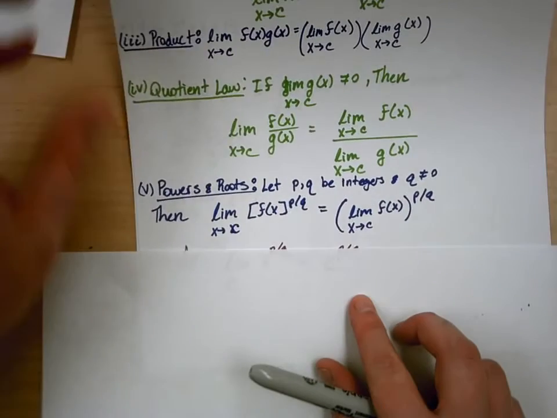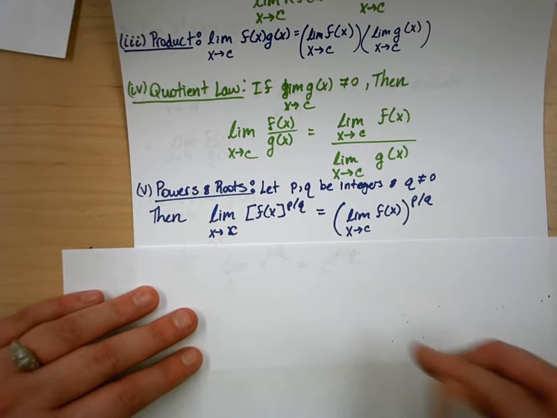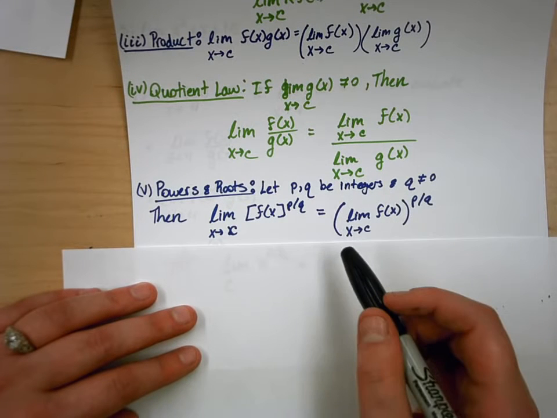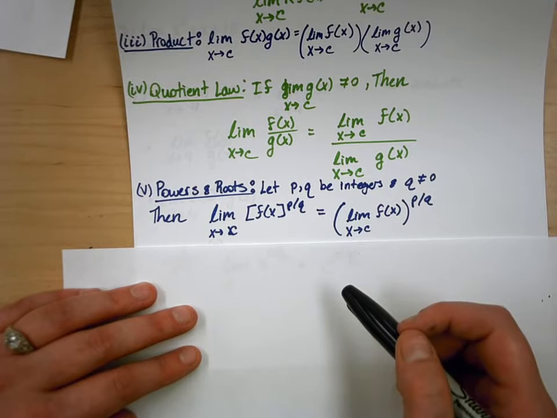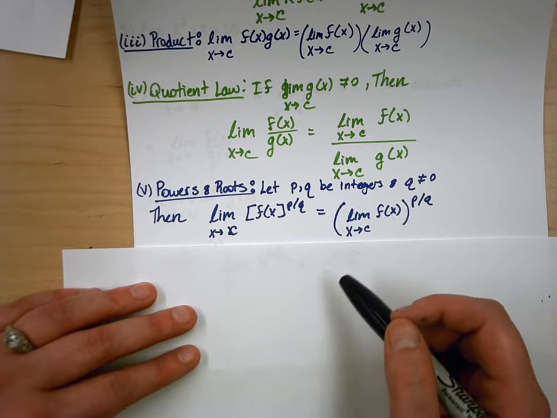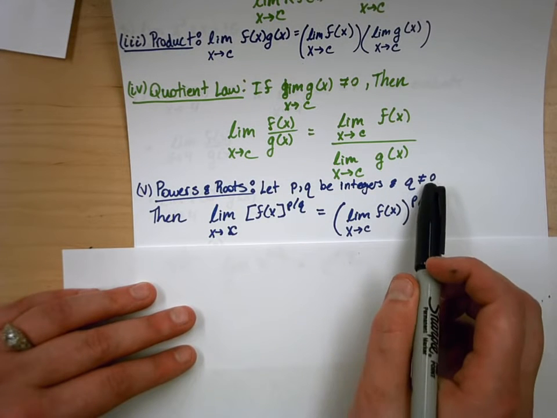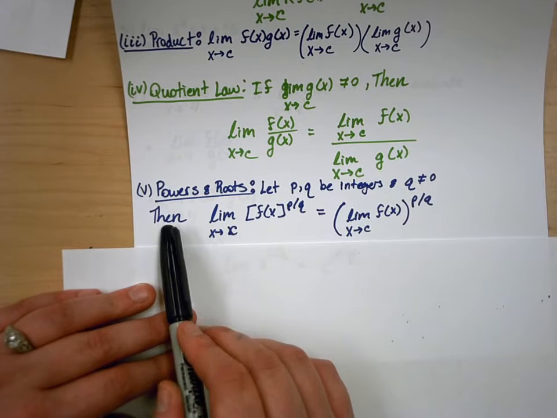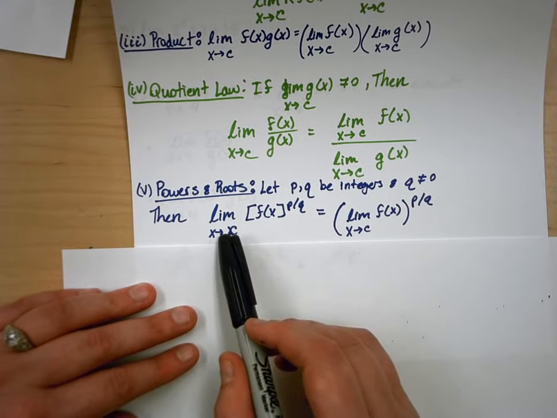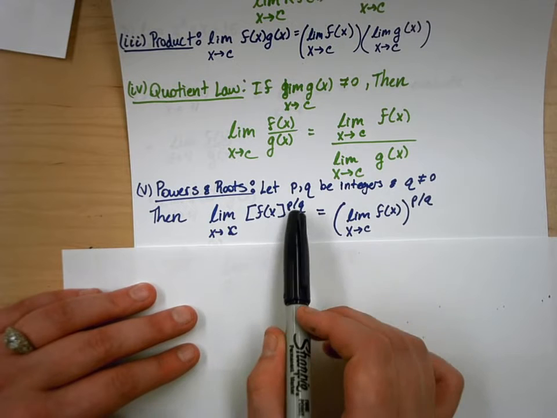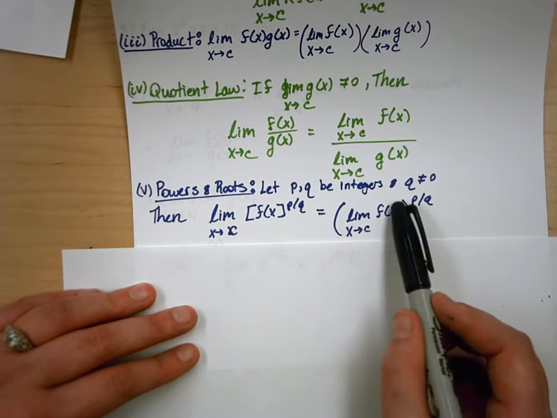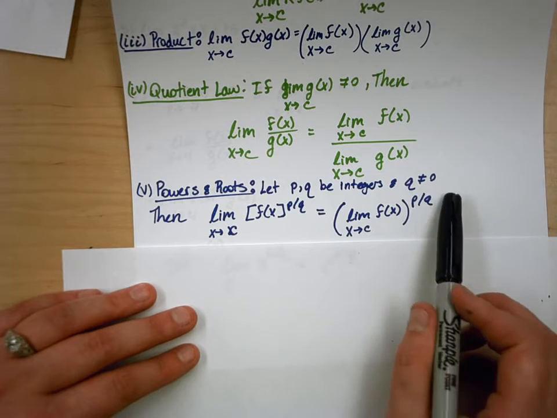Okay, now we have some cool power and roots rules. So if we let p and q be integers, that means whole numbers, like 1, -1, 4, etc., and we let q not equal 0, because remember, dividing by 0 is bad, then the limit as x approaches c of f of x raised to the p over q is the same as if you took the limit first and then applied p over q.